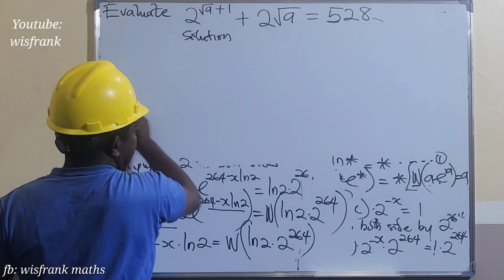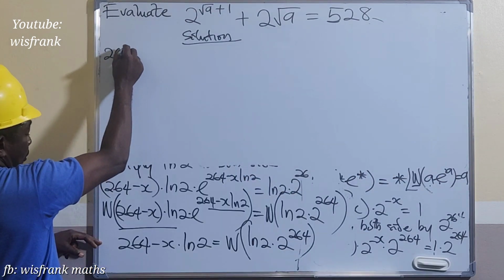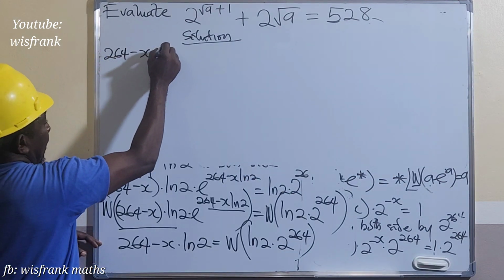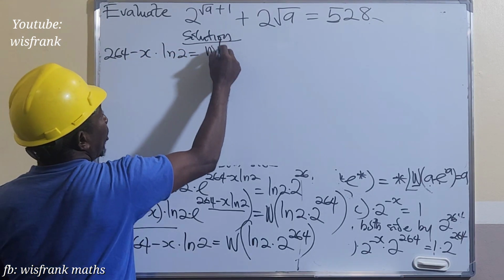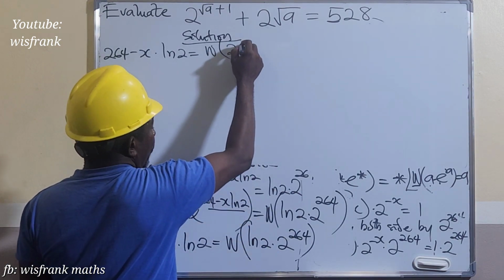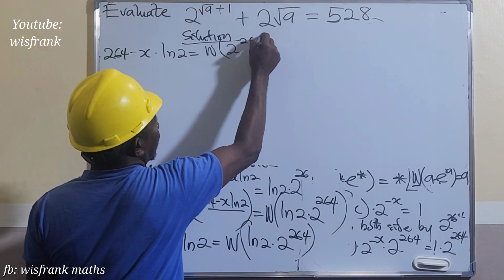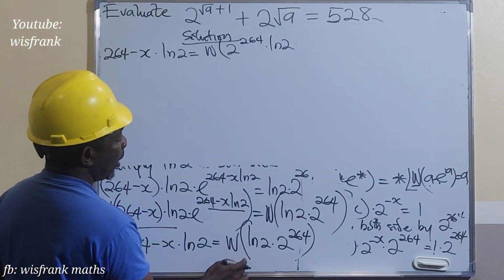So we need to clean this. We have this on our board now: (264 − x) times ln 2 equals the Lambert W function of 2 to the power of 264 times ln 2.